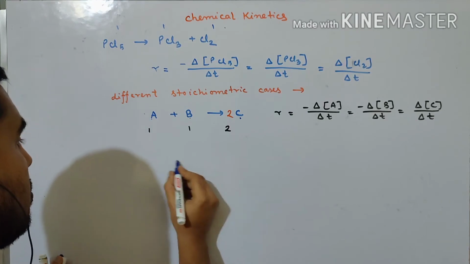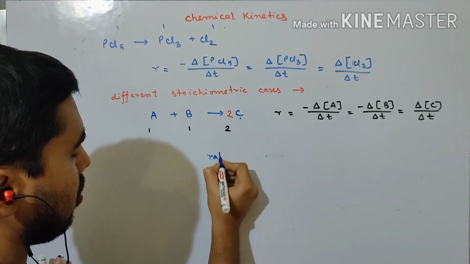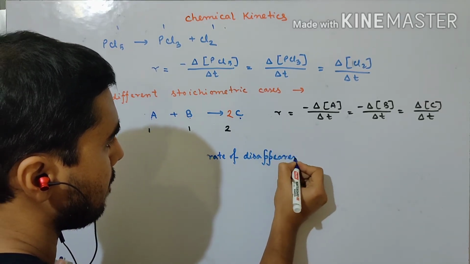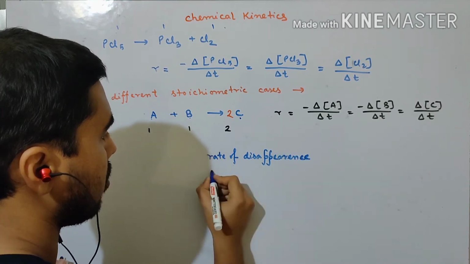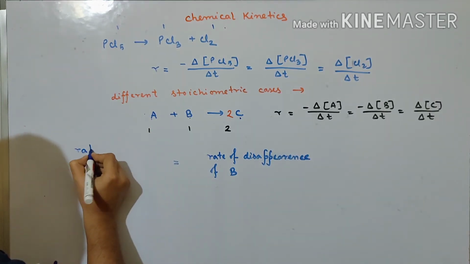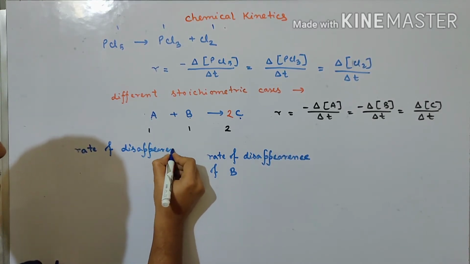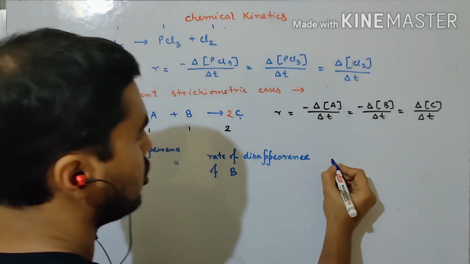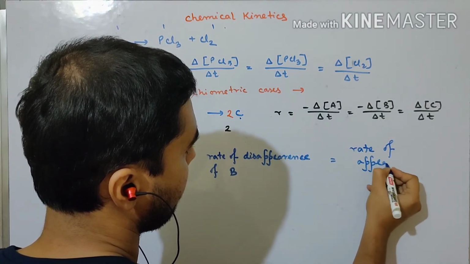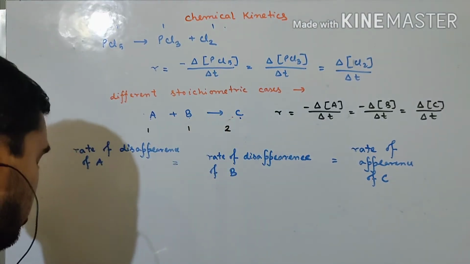I repeat, the rate of disappearance of B should be equal to the rate of disappearance of A, which was equal to the rate of appearance of C when there was only 1 mole each.